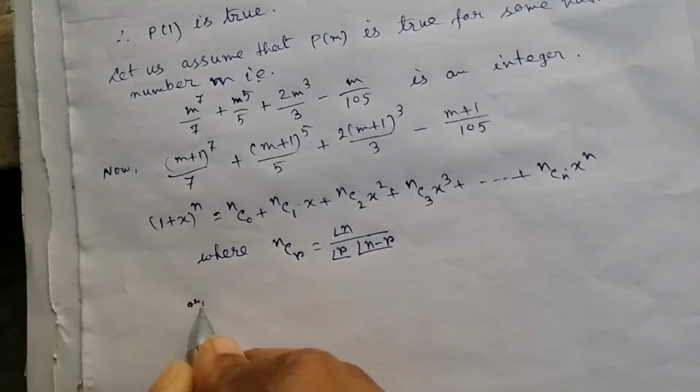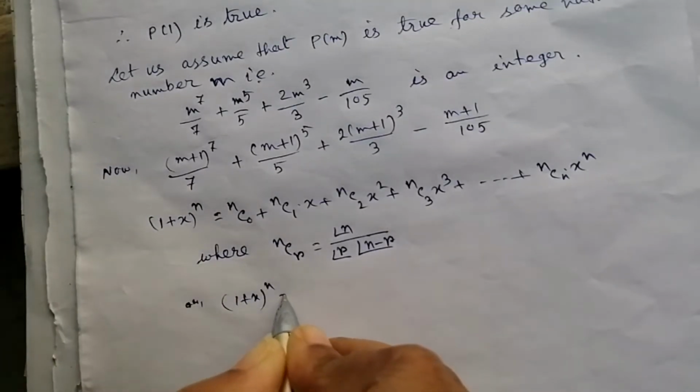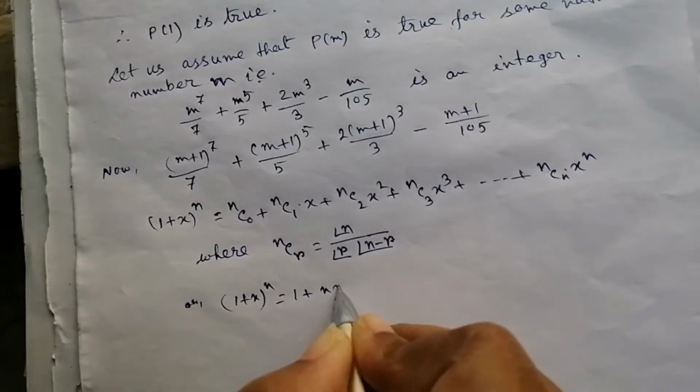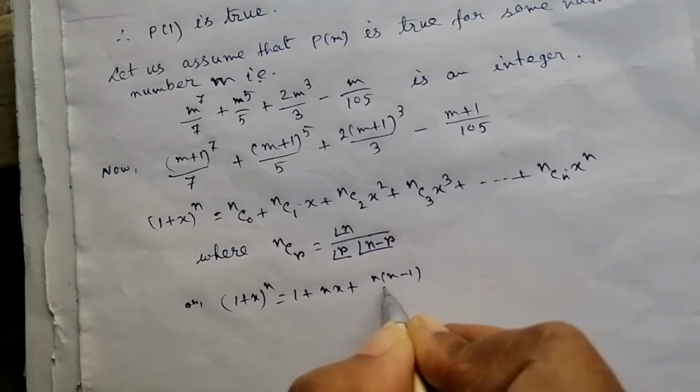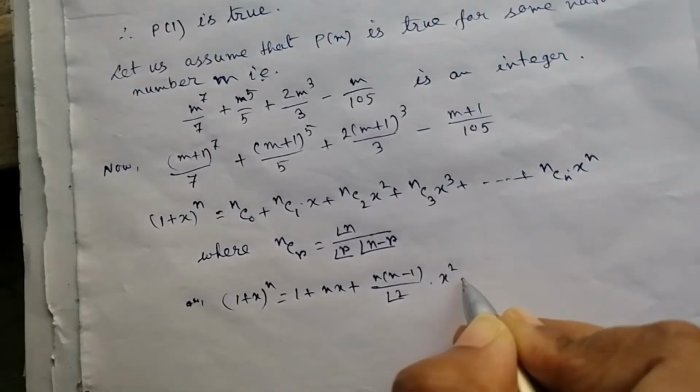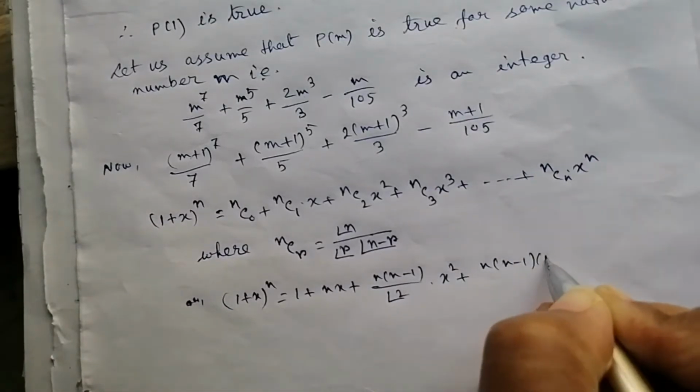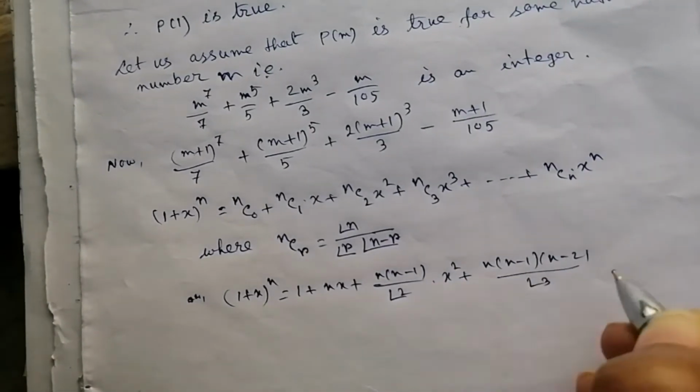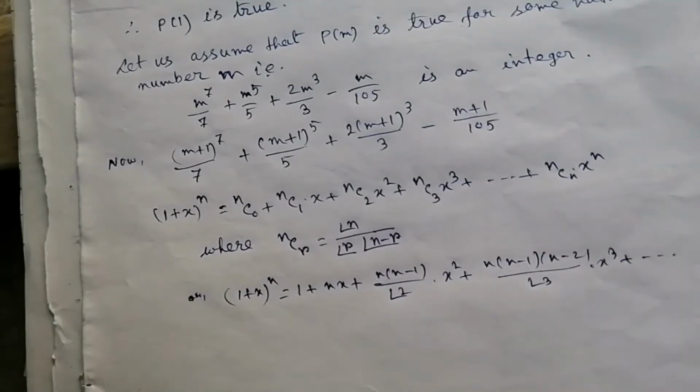Or 1 plus x whole to the power n equal to 1 plus nx plus n into n minus 1 divided by factorial 2 into x square plus n into n minus 1 into n minus 2 divided by factorial 3 into x cube and so on.